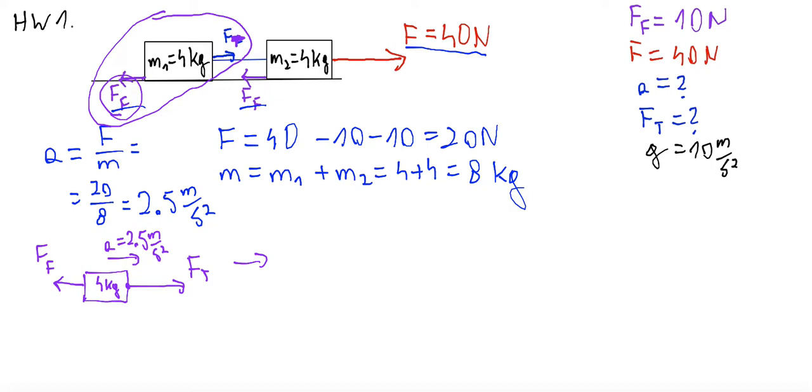Okay, so we can find the total force. Total force acting is equal to mass times acceleration, so 4 kilograms times 2.5 meters per second squared, which means that this is 10 newtons.